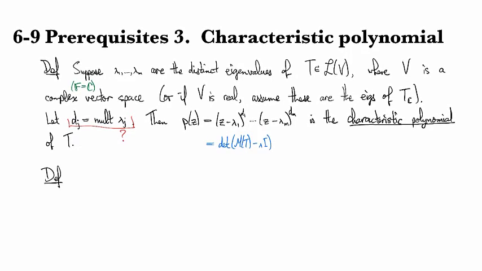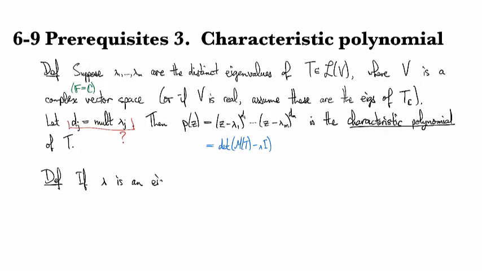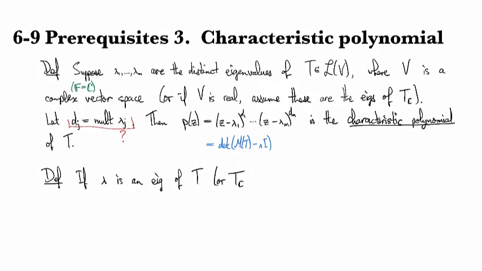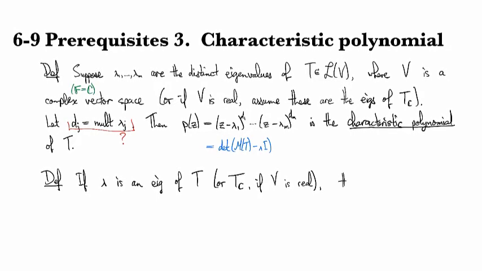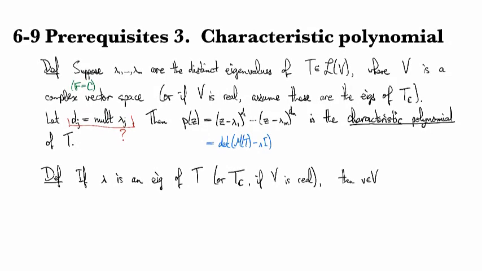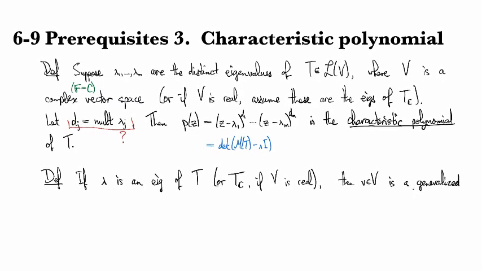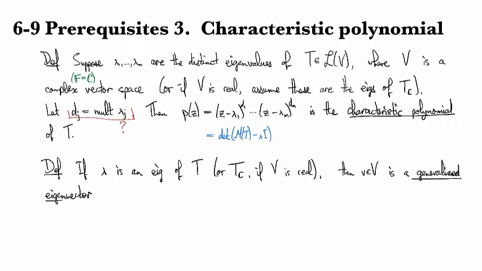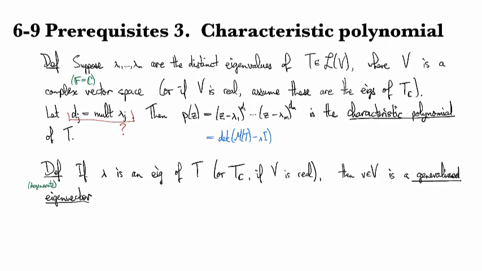So if lambda is an eigenvalue of T, or again, the complexification of T if we're dealing with a real vector space, then we say that v is a generalized eigenvector, or sometimes this is called a degenerate eigenvector, depending on how mean your instructor is.